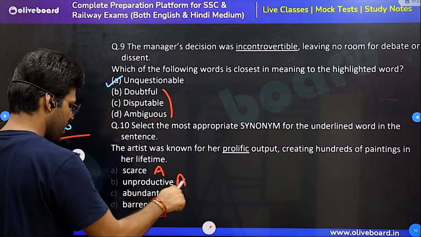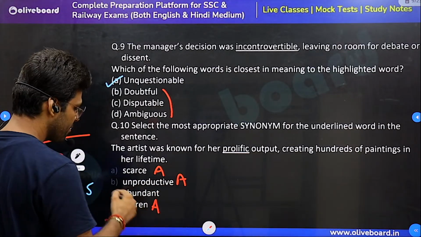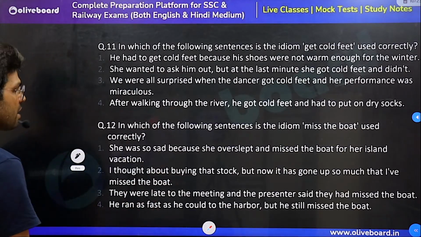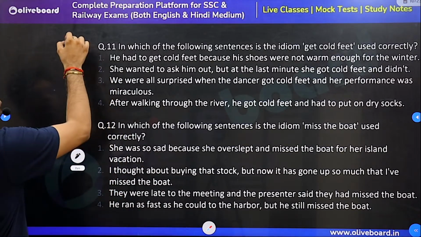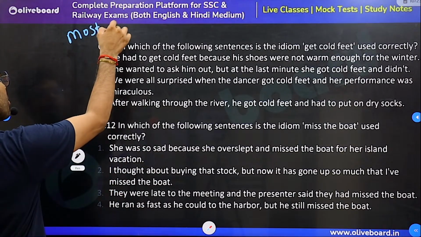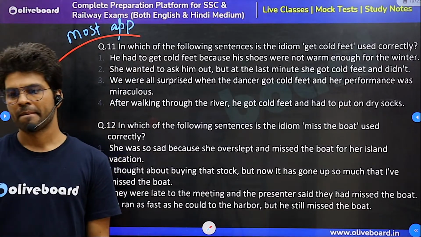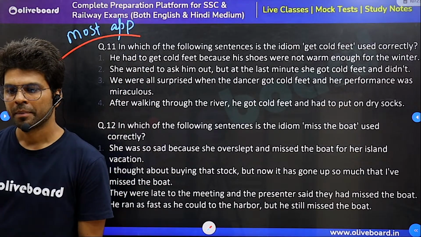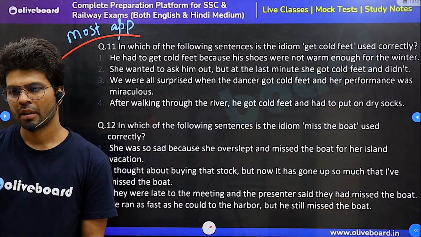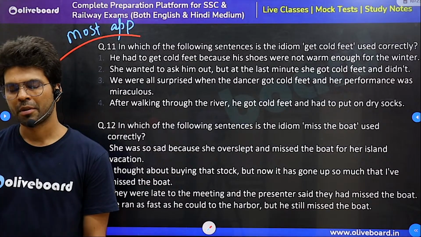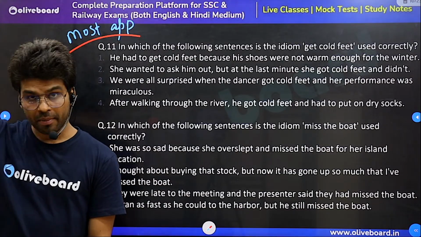Unproductive, opposite. Barren, fecund, abundant. Remember to pick the most appropriate choice, the one you can't drop. Copious, plethora.